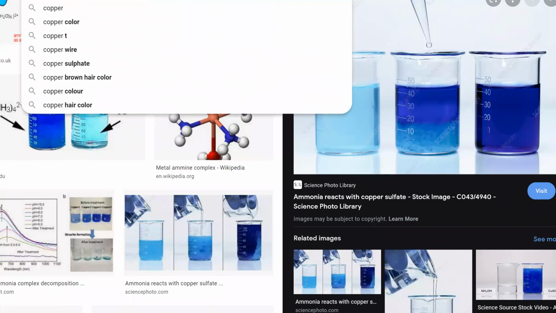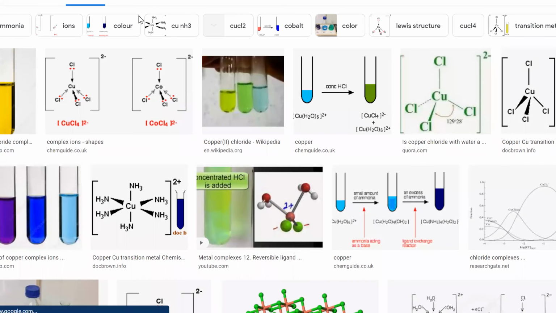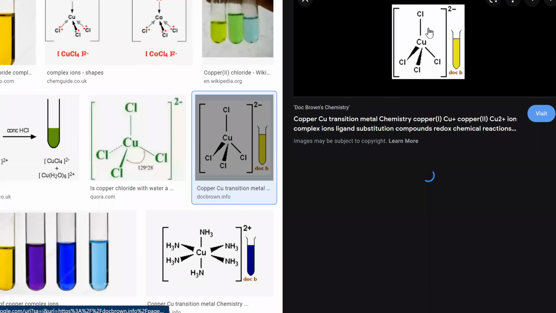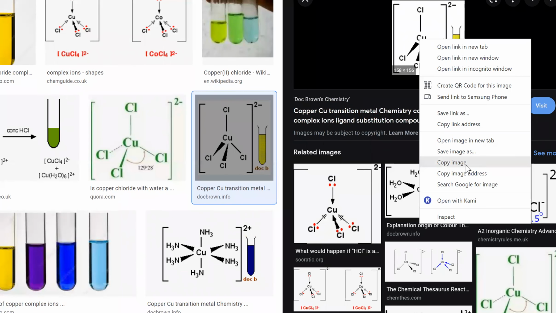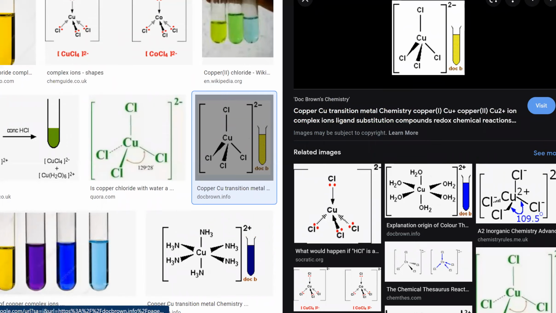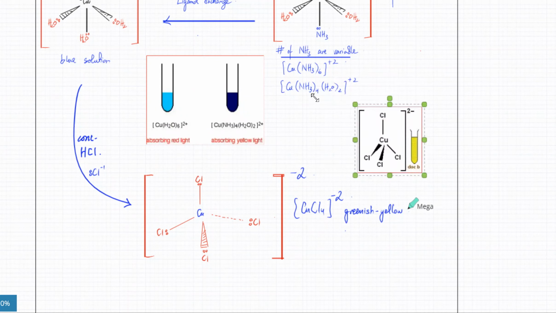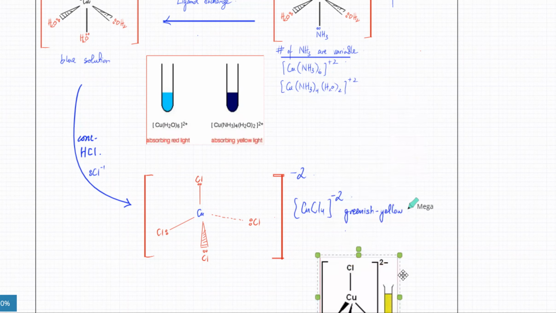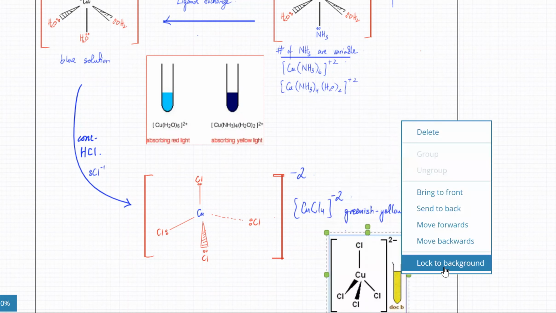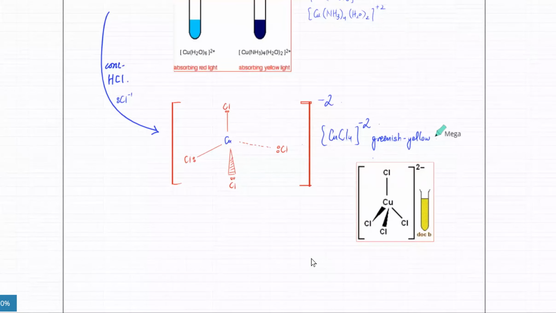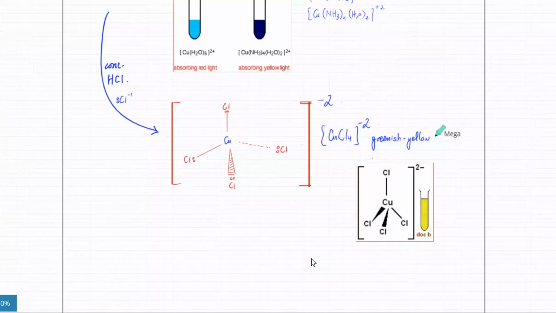Just for reference, I'll copy this image. So CuCl4 2- is greenish yellow. And also remember, it's a tetrahedral complex.